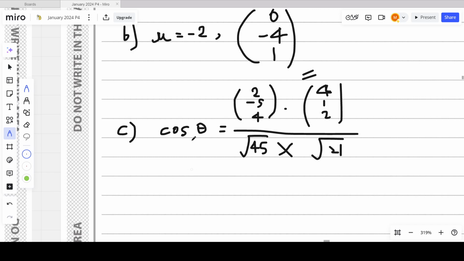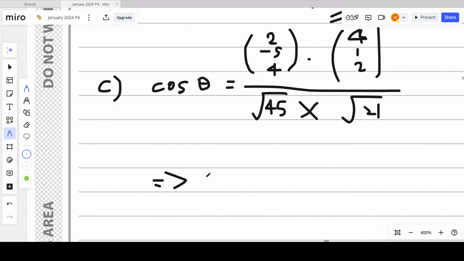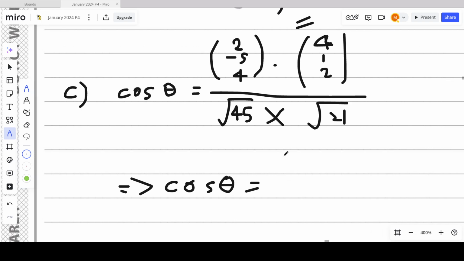Okay, so now figure out the value for theta. So cos theta would be what? Let me simplify it more. Cos theta would be 2 times 4, this is 8, minus 5, again plus 8, and you will get square root of 45 times 21.